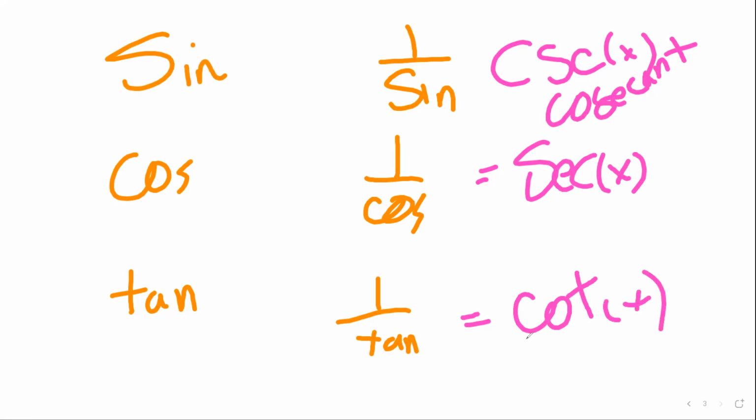Cosecant, secant, and cotan. How do you memorize it? If the denominator has the letter S, the reciprocal will start with the letter C. And if the denominator has the letter C, the reciprocal will have the letter S. You don't have the same letters for them. C and S, S and C. Tan and cotan, from their names, they are related to each other. But remember, 1 over sine is cosecant and 1 over cosine is secant.